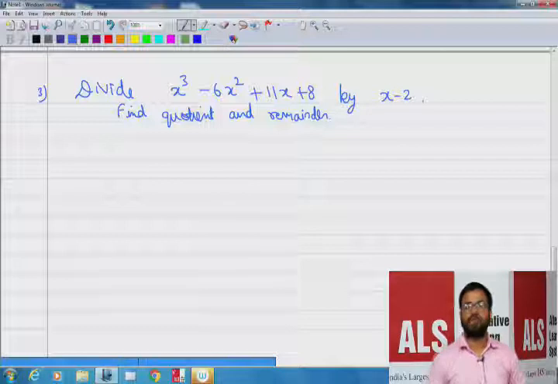So if you are getting 14 as the remainder, then you must be getting the quotient also in long division.